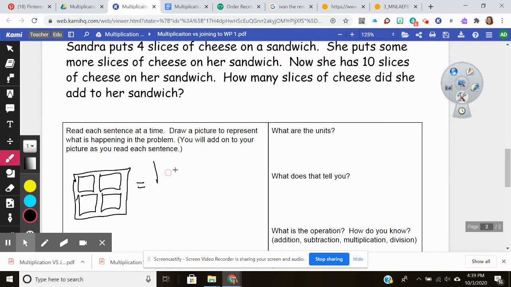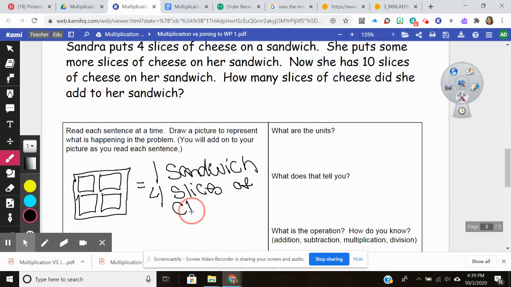So she has 1 sandwich. And she has 4 slices of cheese. Now I'm going to go back up. She puts some more slices of cheese on her sandwich. Ooh, that's my unknown.